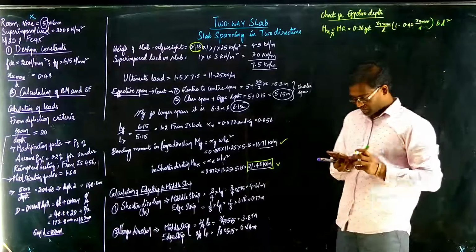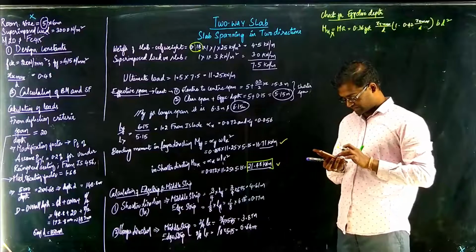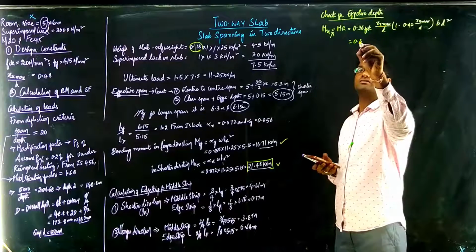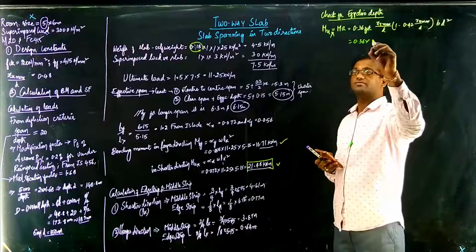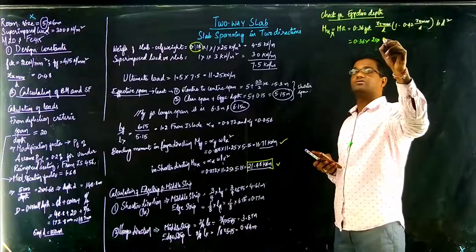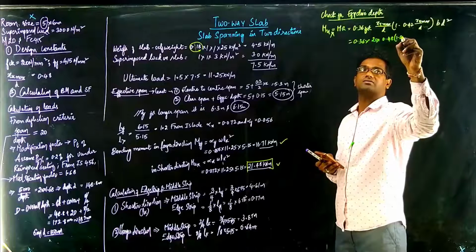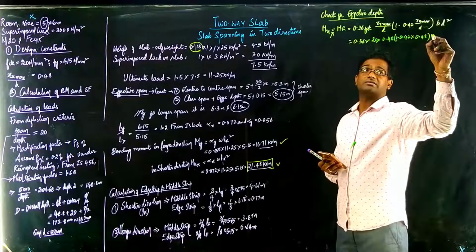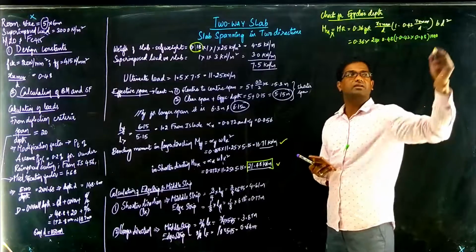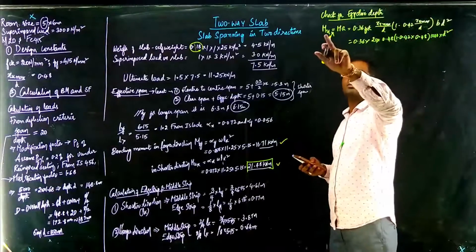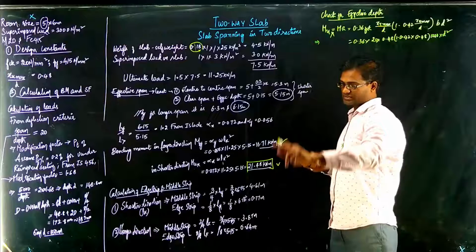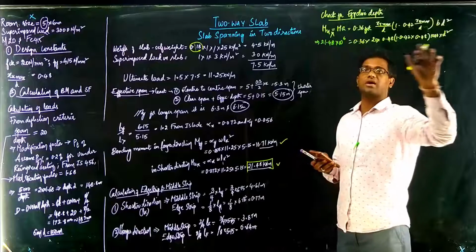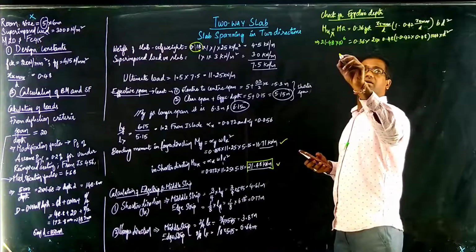Now, by substituting the values of the design constants in this equation, that is 0.36, fck is 20, xu max by d is 0.48 into 1 minus 0.42 into 0.48 into b is 1000, slab is designed as 1 meter width, this is d square, and moment which is coming is 21.48 into 10 power 6, because all these values are in Newton. So this should be in Newton value.